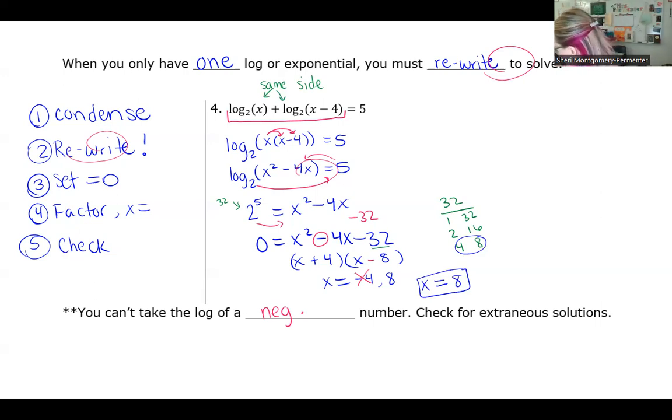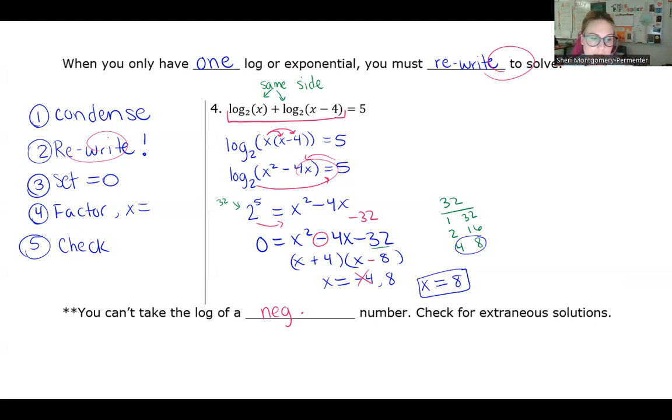So look at your assignment on the back. I told you that you didn't know how to do 11 or 12. You're going to go back to 11 or 12. Both of those are this situation where you just have one log. So you have to rewrite it like an exponential. So you already condensed it. Now you can rewrite it.